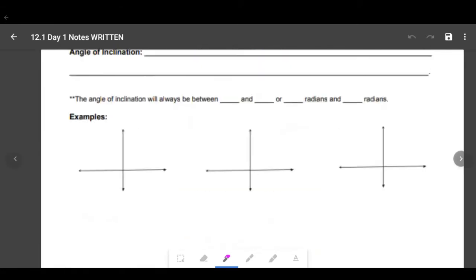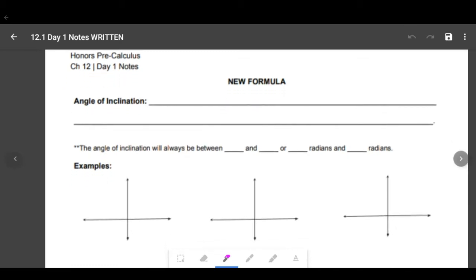We've got some new things here. Okay, some new formulas. Angle of inclination. Now what that is, is the angle, typically we call that theta. That's the Greek symbol for theta, if you haven't seen that before.